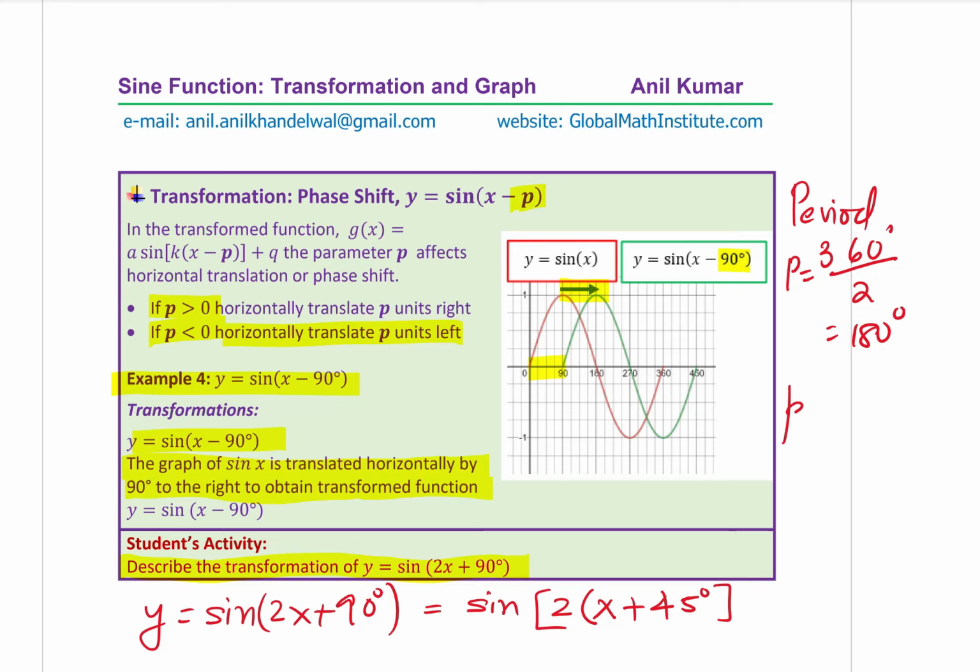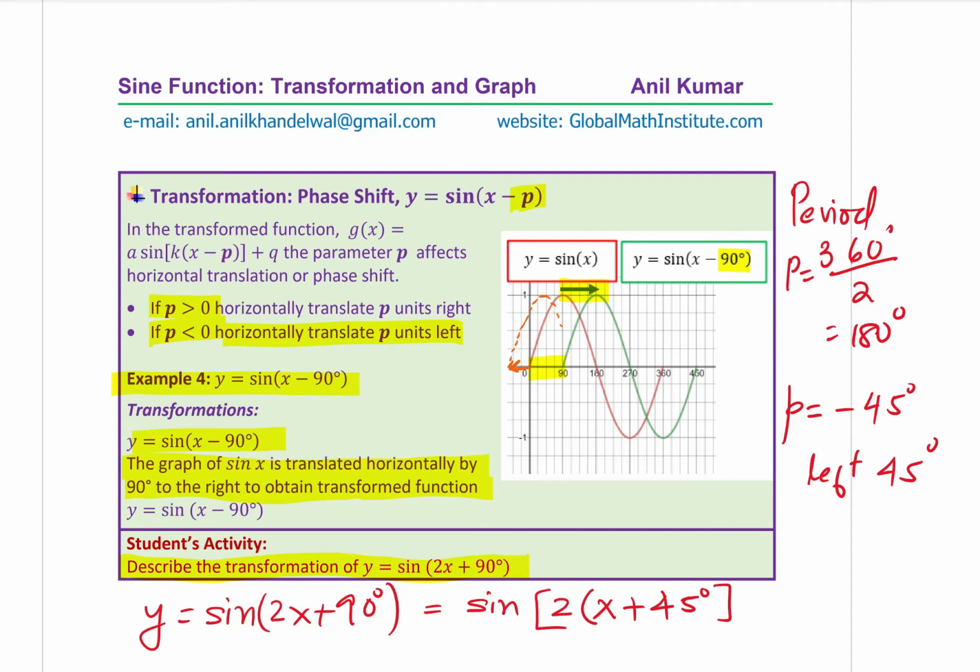And the phase shift, lowercase p, is minus 45 degrees. That is to the left, 45. Do you understand? So that is the transformation. This graph, I can sketch here, will move towards this side, left. Do you see that? So that is how the graph is going to be. Perfect. So basically, we'll move it to the left by 45 degrees.